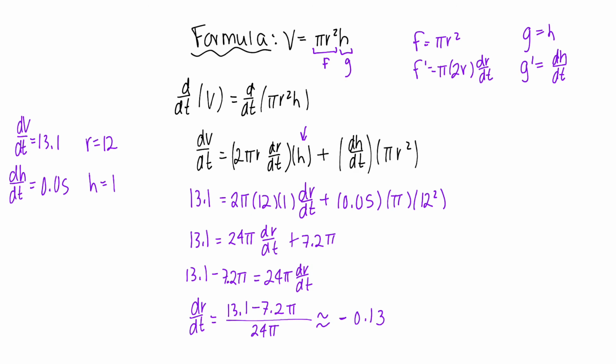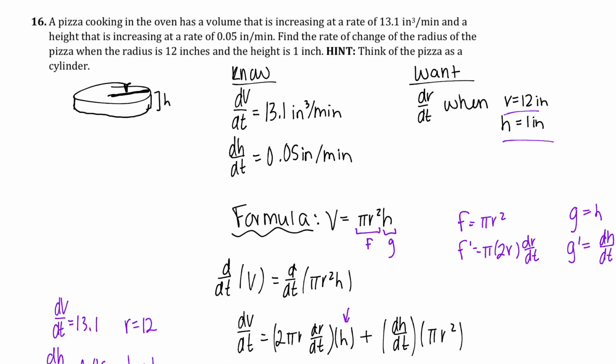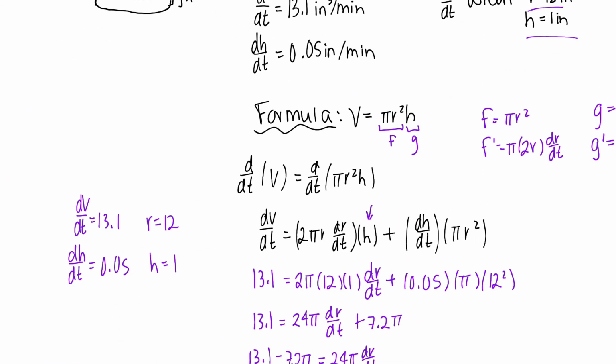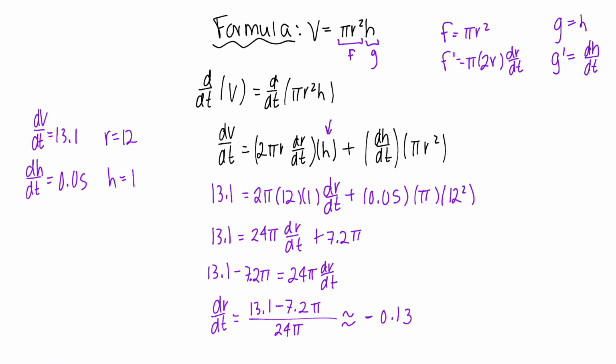That doesn't sound right to me. It doesn't sound like the radius should be getting smaller as the pizza is getting bigger. So something went wrong here, and I need to take a moment to figure out where that went wrong. So, no, it is the right answer. And our units here are going to be inches per minute.